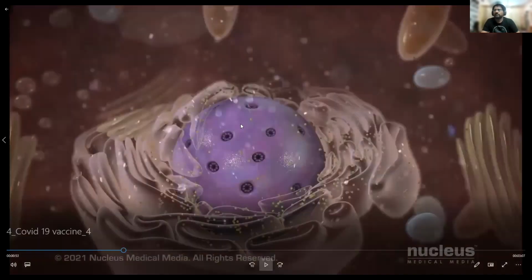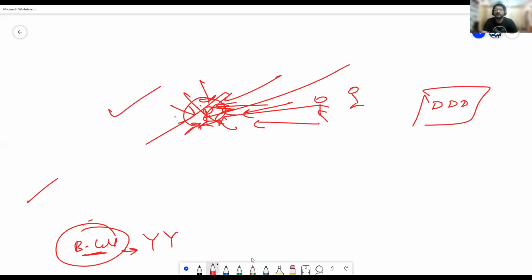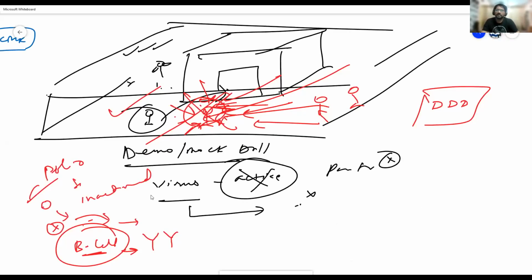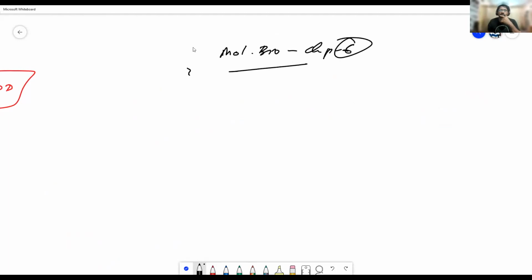Before trying to understand the mRNA vaccines, we need to understand what exactly mRNA is and what its function is in the cell. In 12th standard, you will be learning about molecular biology, chapter 6, which is a very interesting lesson.